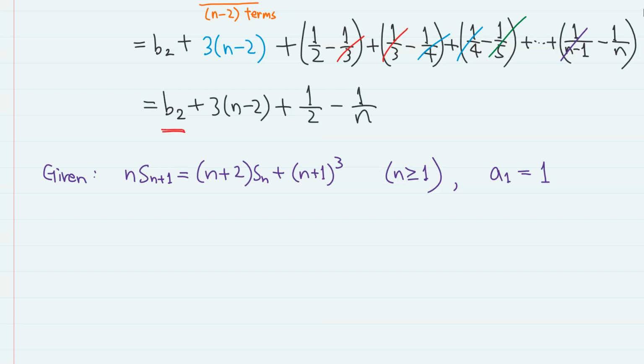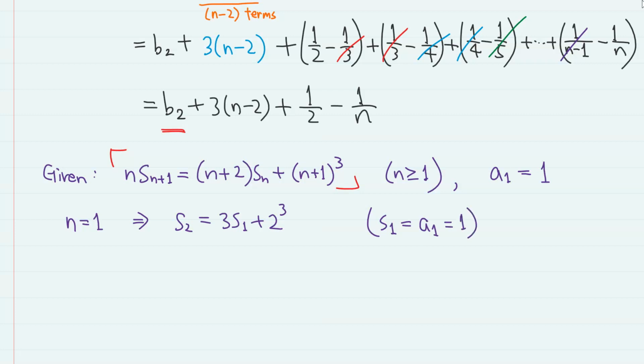Now let us find b2 using our original given recurrence relation. When n equals 1, we have S2 equals 3 S1 plus 2 cubed. And here S1 is equal to a1, which is 1. And S2 is a1 plus a2, so it is 1 plus a2.